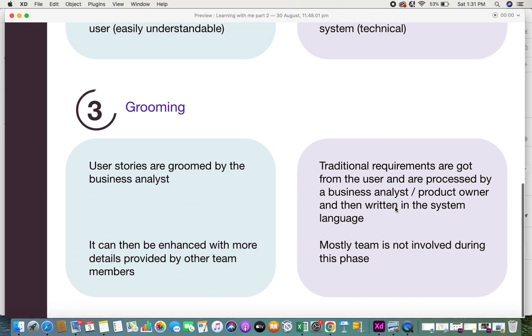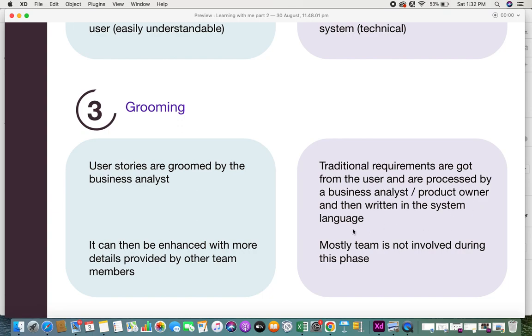And the third difference is grooming. User stories are groomed by the business analyst or the product owner, depending on which role is in charge. It can be written by either one. Whereas traditional requirements are gathered from the user, processed by a business analyst or product owner, and then written in the system language.